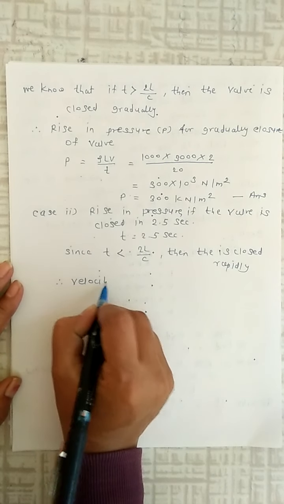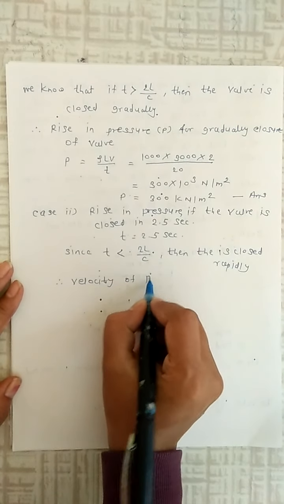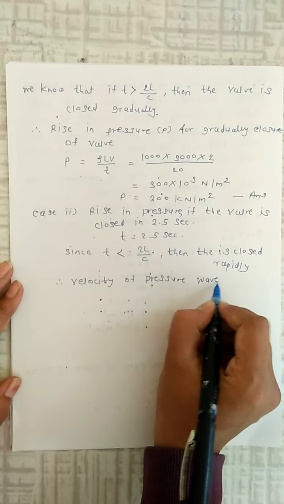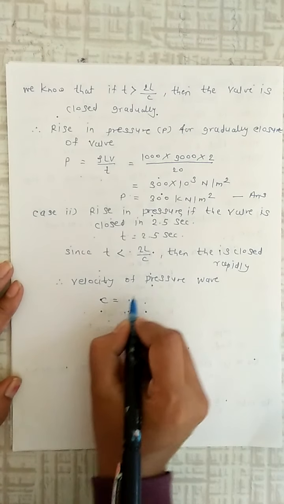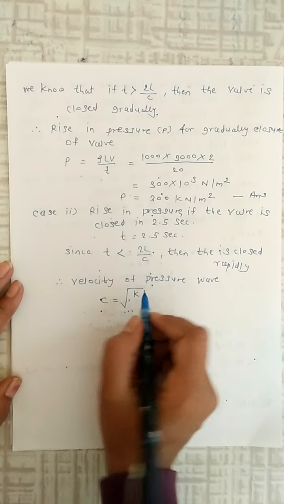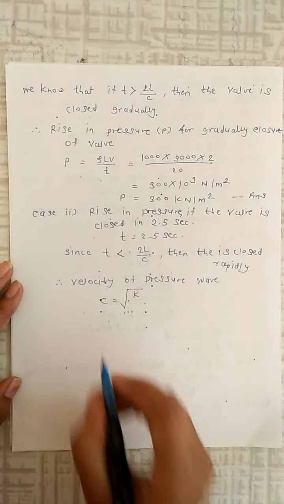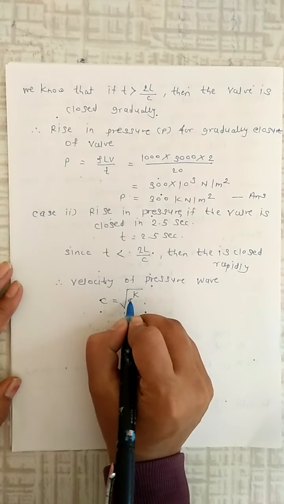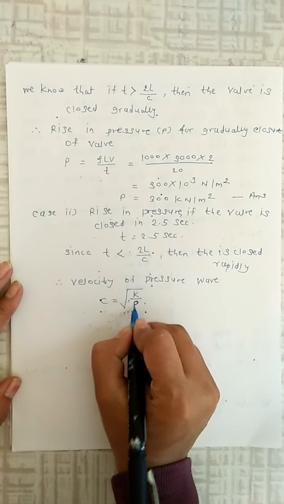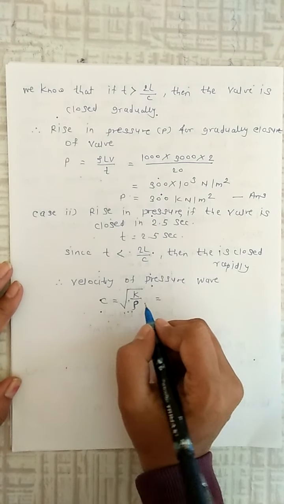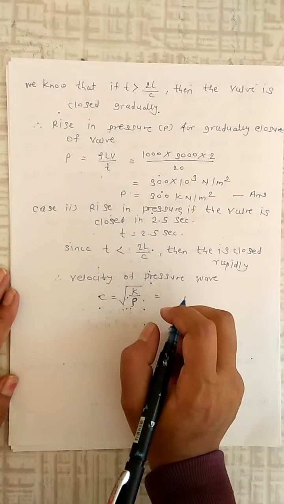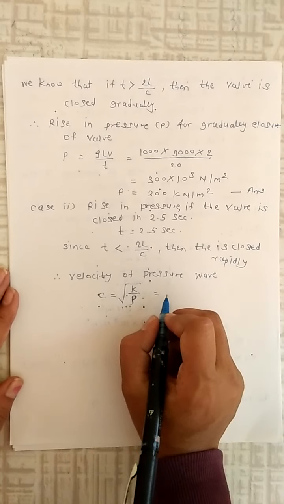So velocity of pressure wave is calculated by the formula C is equal to square root of K upon rho, where K is the bulk modulus and rho is the density.